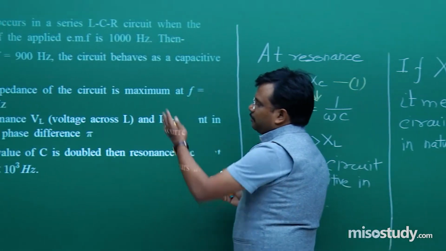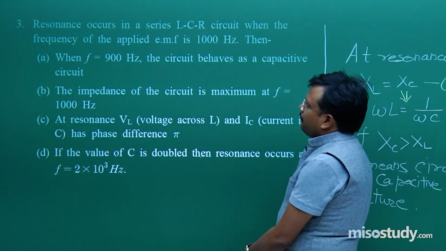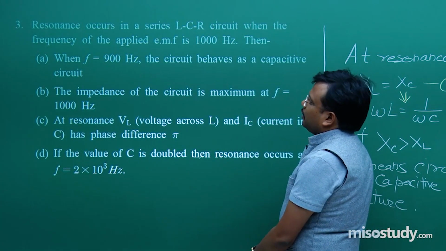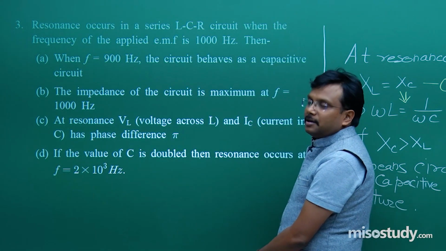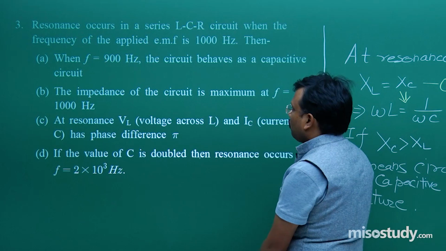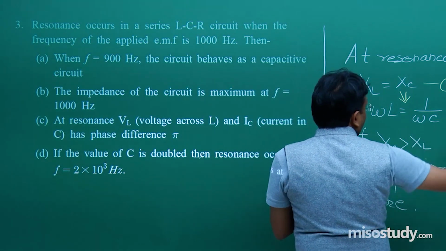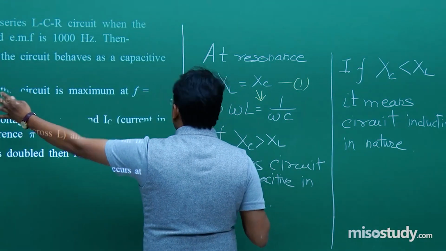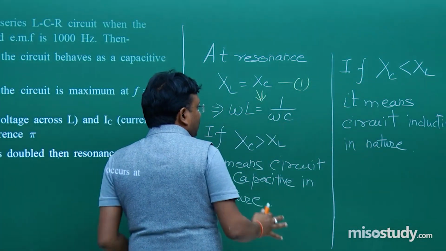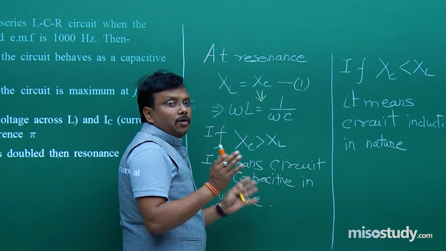After discussing that much, now let's come over here. When F is equal to 900 Hertz, the circuit behaves as a capacitive circuit. Yes, it behaves as that of capacitive circuit. So, entire explanation with diagram, with graph I provided. The question is in front of you, and this entire thing is going to be the part of your recording.